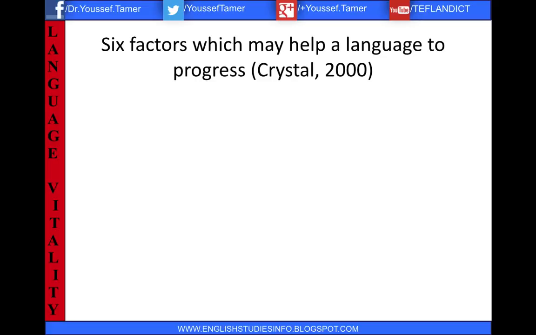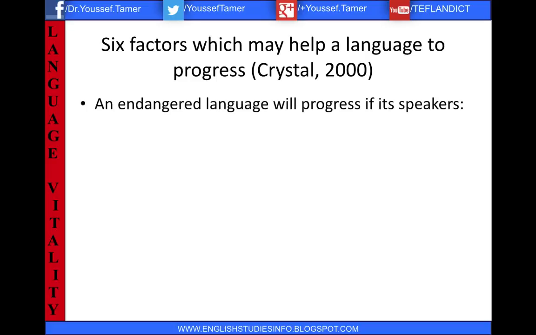Concerning the development of a language, the progress of a language, we can have 6 factors as mentioned by Crystal 2000. There could be 6 factors which may help a language to progress, to revive, and to be used by people.